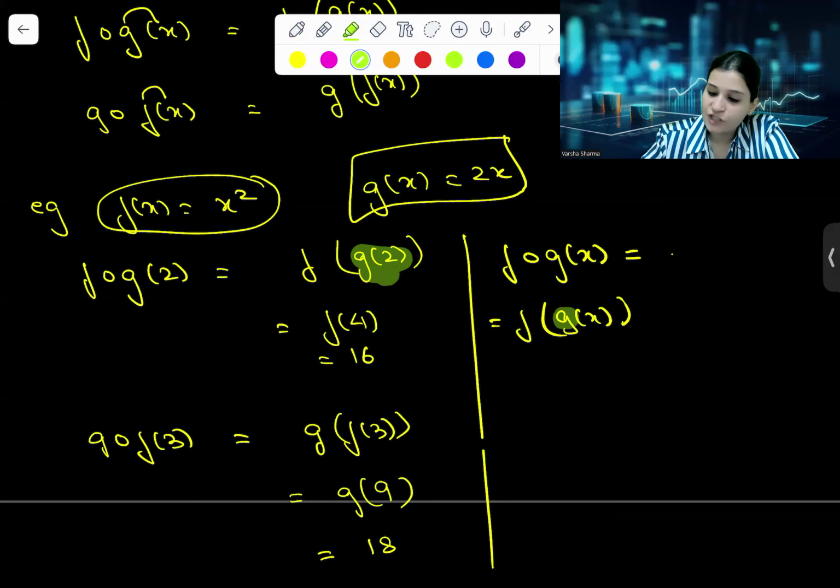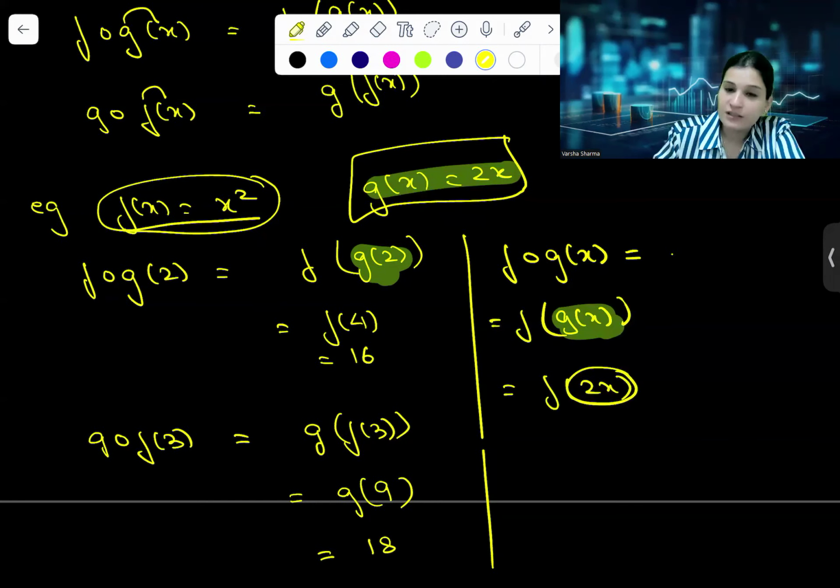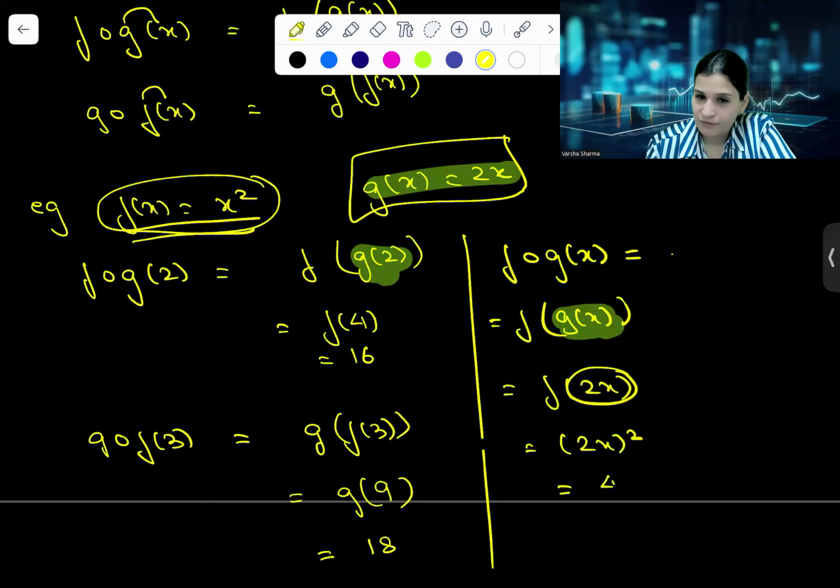So what is the value of g of x from here? 2x. And now this 2x will be put here. So f of x is square of x, so f composite g of x would be 2x whole square. That is 4x square.